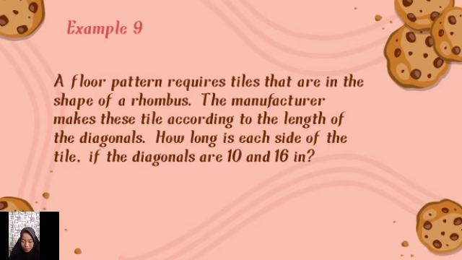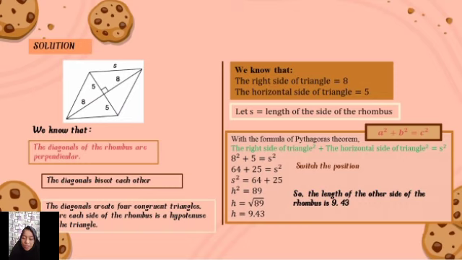In the solution, pay attention to the picture. We know that the diagonals of the rhombus are perpendicular. The diagonals bisect each other.